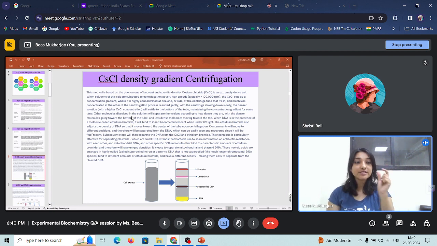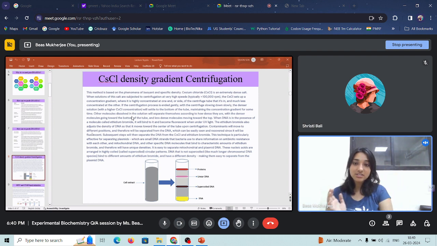So what happens when cesium chloride is spun at a very high speed? Cesium chloride forms a gradient itself. At the region where there is too much cesium chloride, it is more dense and is usually at the bottom. As you go higher, the density of the solution decreases, and therefore the amount of cesium chloride there also decreases.